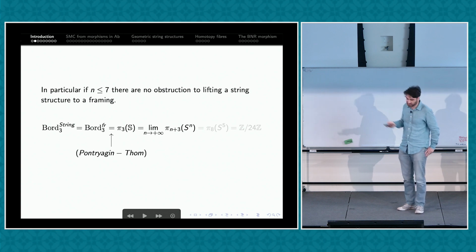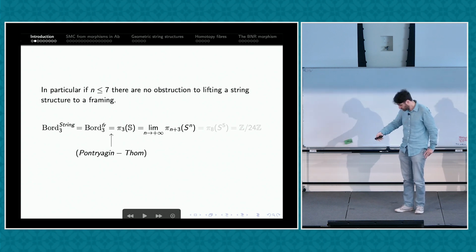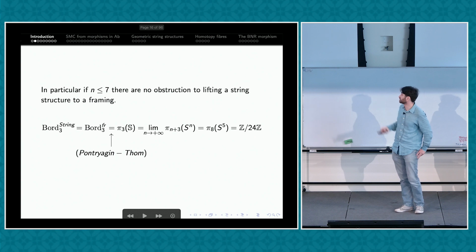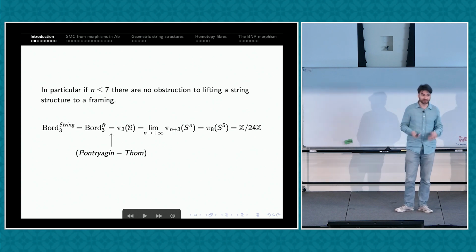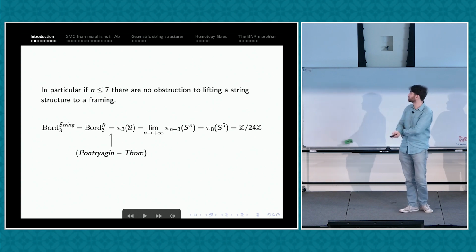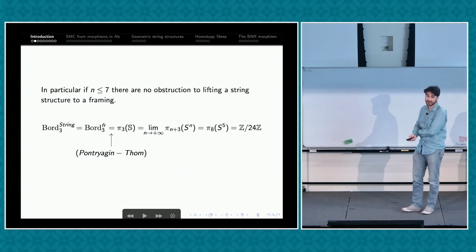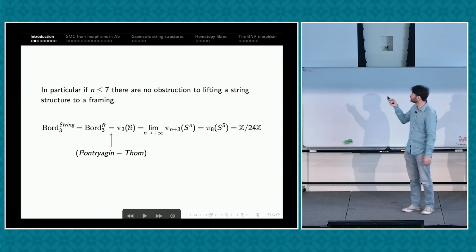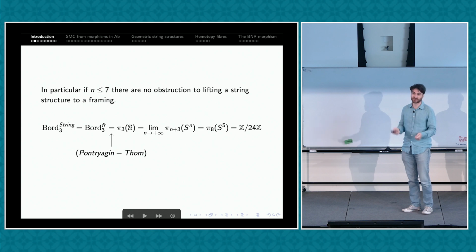This actually stabilizes quite fast. Already it's pi_8 of S^5. This can be computed explicitly, and it is Z over 24. Let me anticipate that this Z over 24 will come back tomorrow.